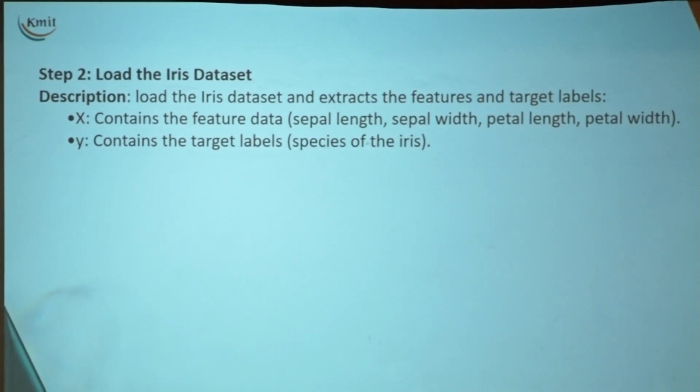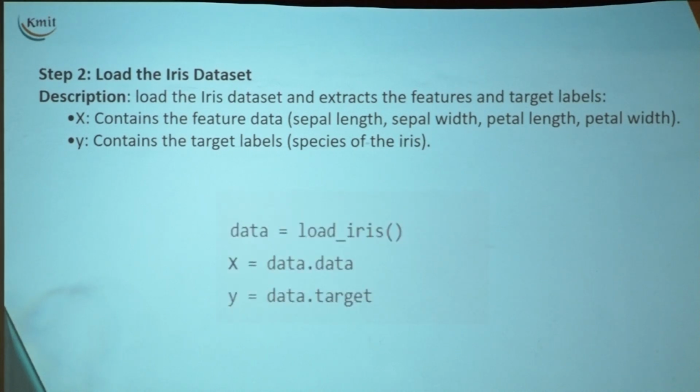You have to load the iris data set. Take a variable called data, load the iris data set into that, and define x and y. X will have four different input features: sepal length, sepal width, petal length, petal width, and y will have the category. This is how we load the data set.